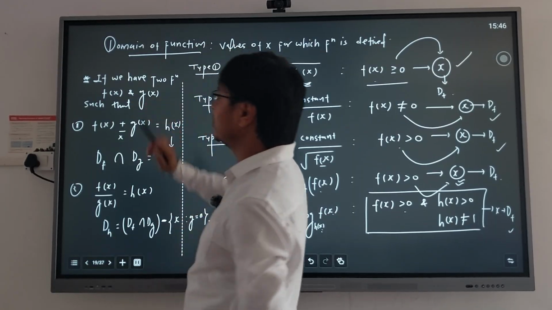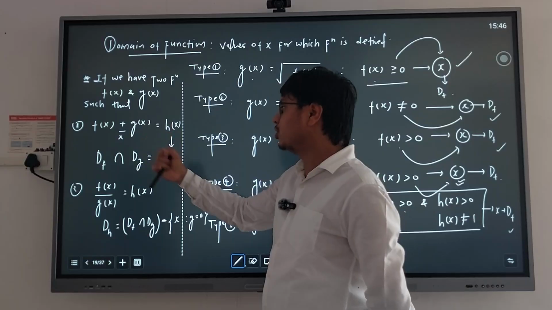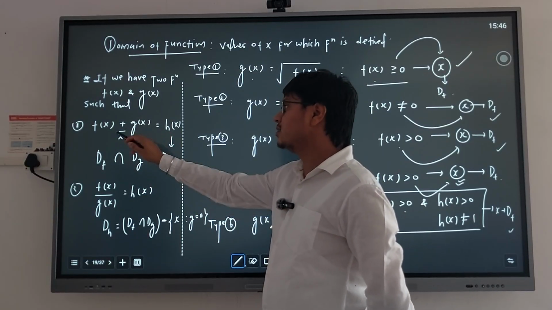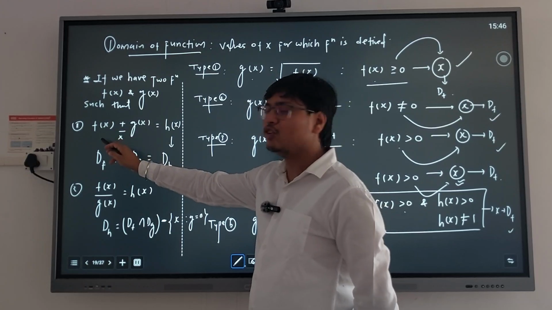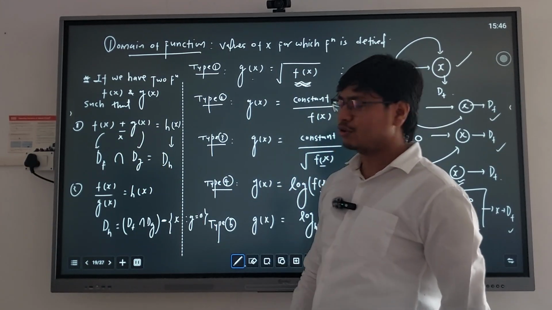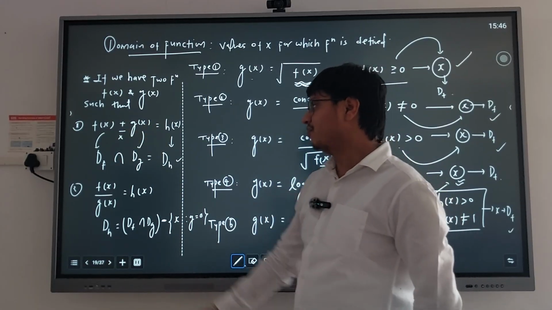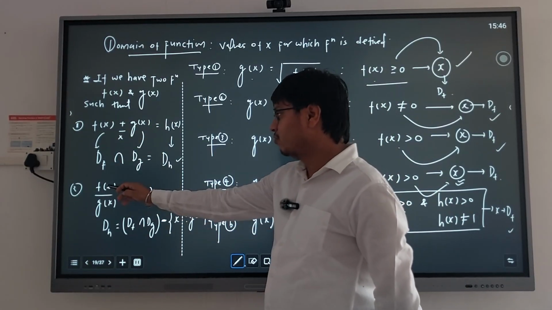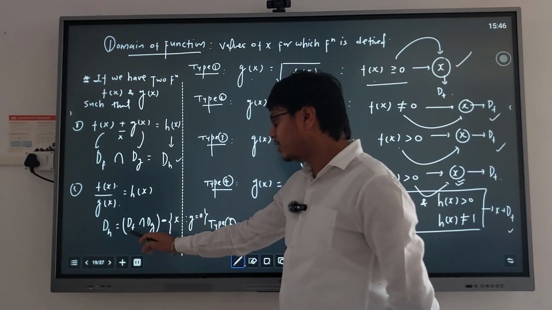If we take two functions, f(x) and g(x), connected by addition, subtraction or multiplication, then we individually find the domain of the first function as well as the second function, and we take the intersection of both, which defines the domain of the complete expression. If they are in division, then we find the individual domains of the numerator as well as the denominator function and take the intersection.